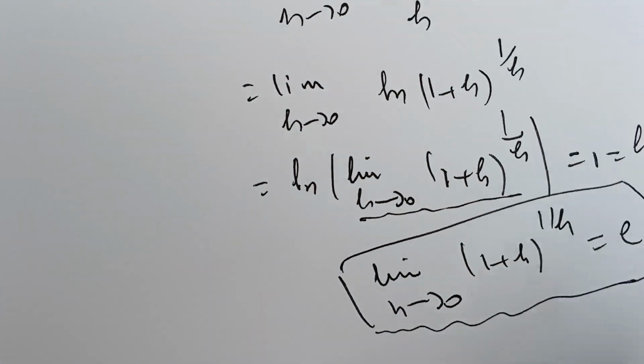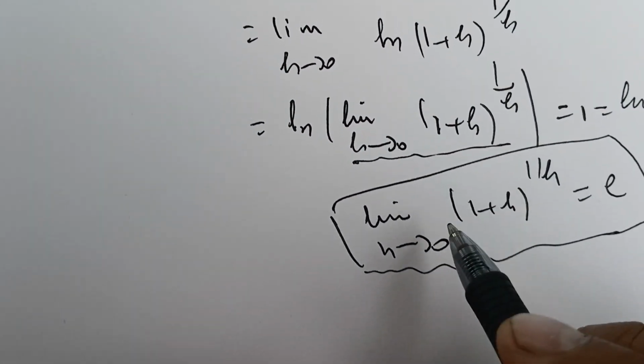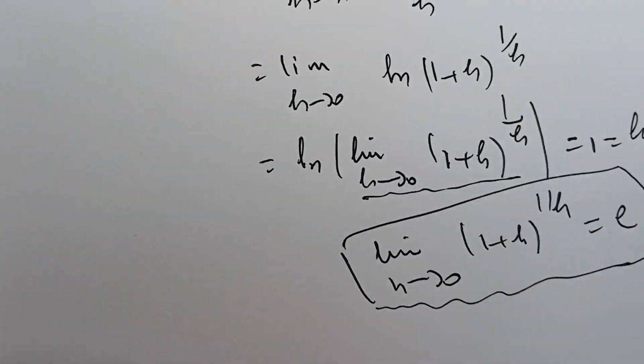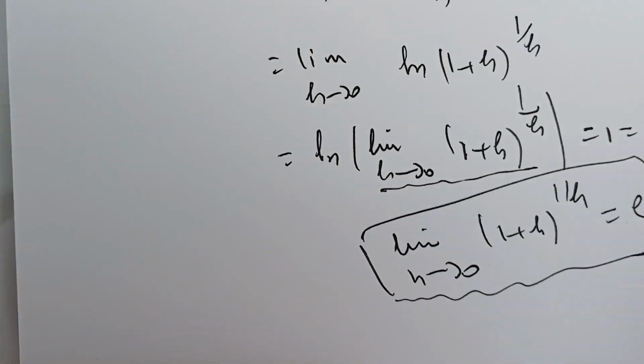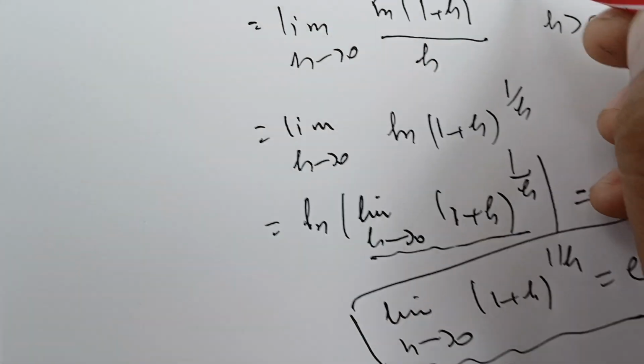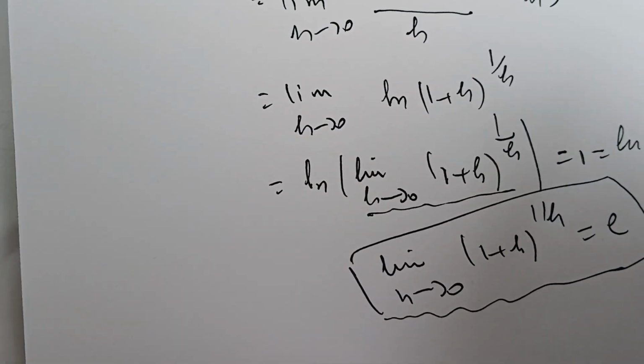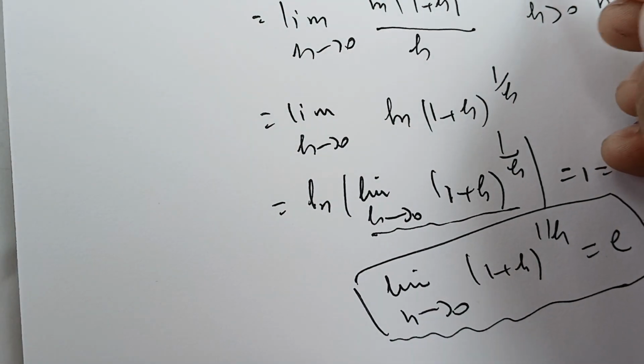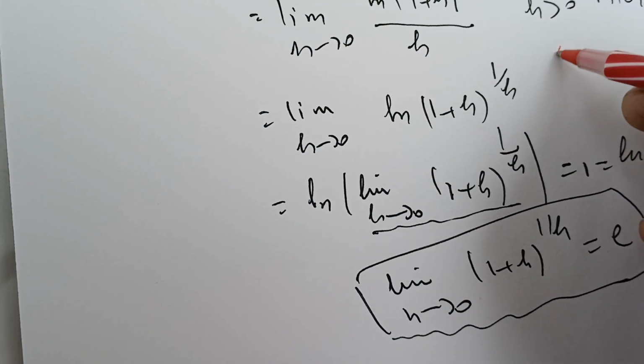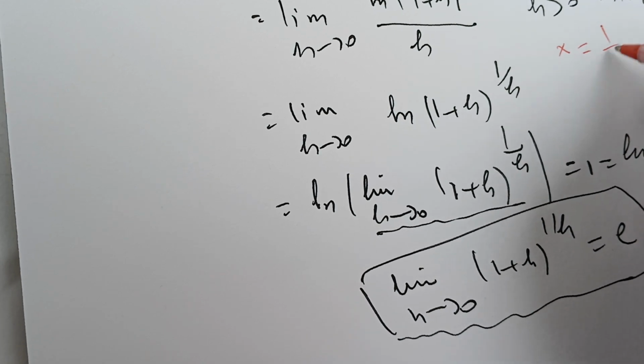Now we need to change this variable here. So 1 over h is gonna be n. That means n is gonna be 1 over h.